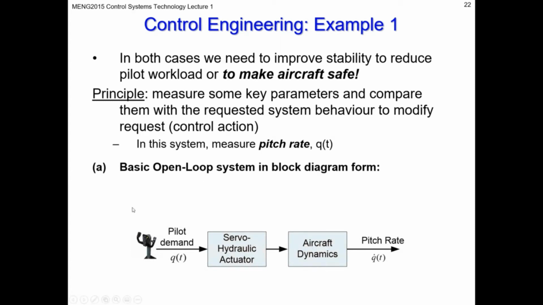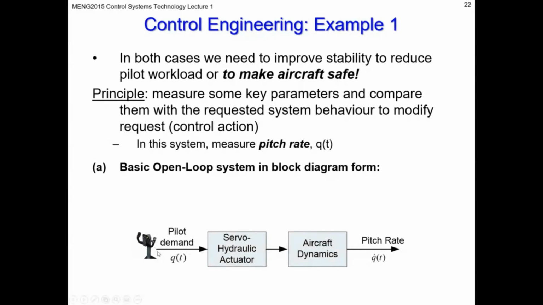So if we don't have the feedback, and we have just an open loop system, then the system is very straightforward. You have pilot demand, which is the yoke, which is the control system for the aircraft, and the pilot is demanding a pitch, a certain angle of attack of the aircraft.